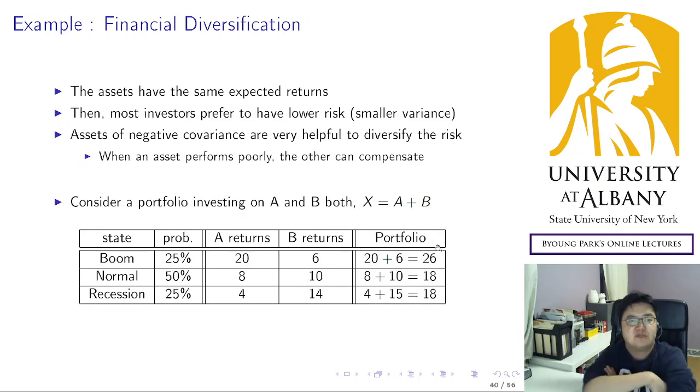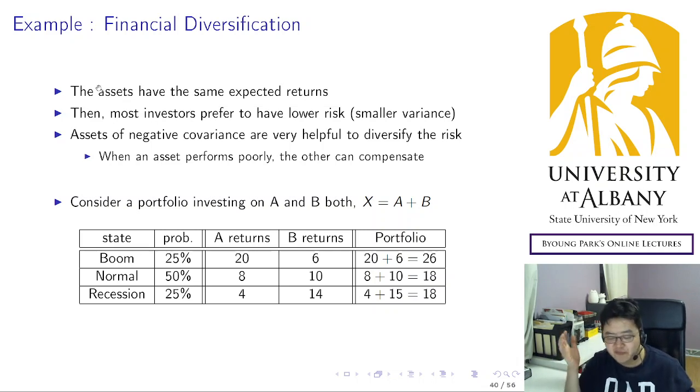So what we can tell from here is, first, these assets A and B have the same expected returns.